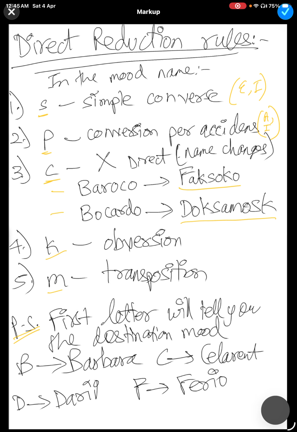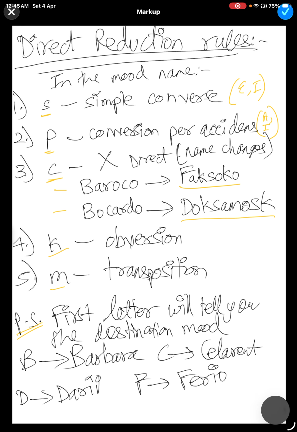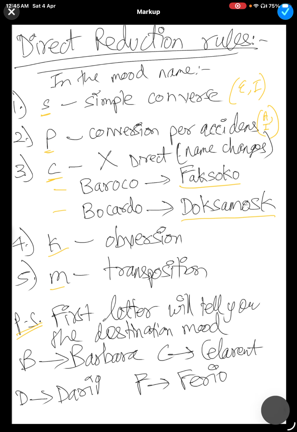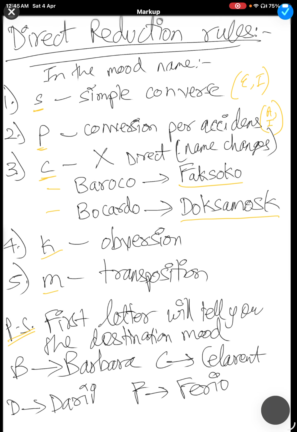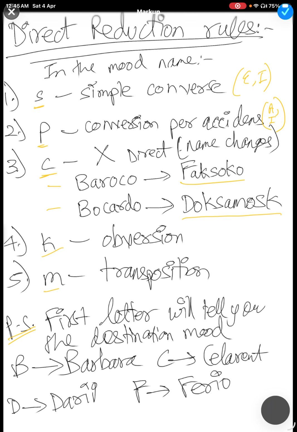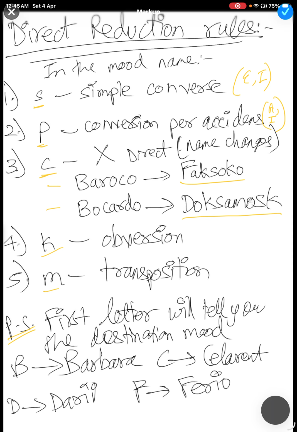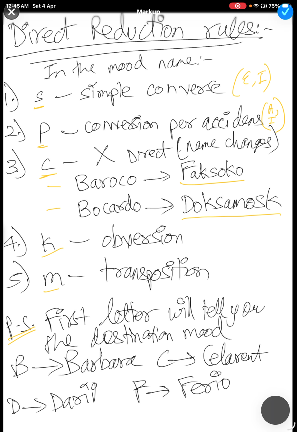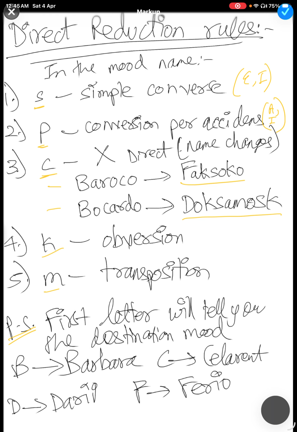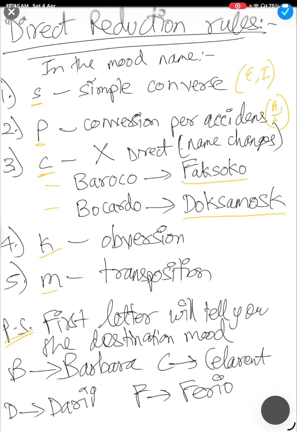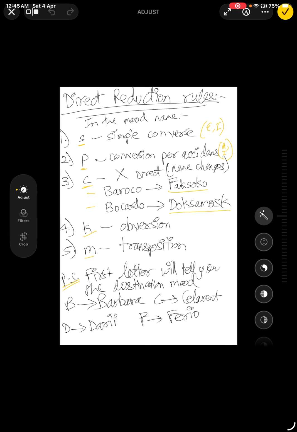So direct rules are very straightforward. If you have S in the name, then simple converse, P conversion per accidens, K obversion, M transposition, and if you have C, then you change the names and do it. The first letter will tell you which one you have to convert it into.